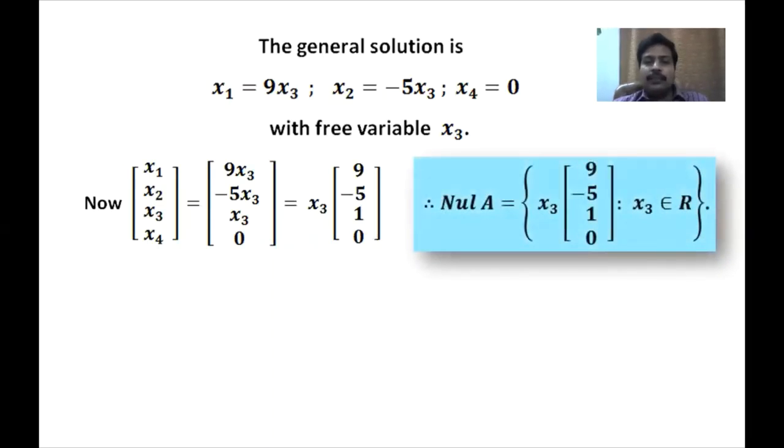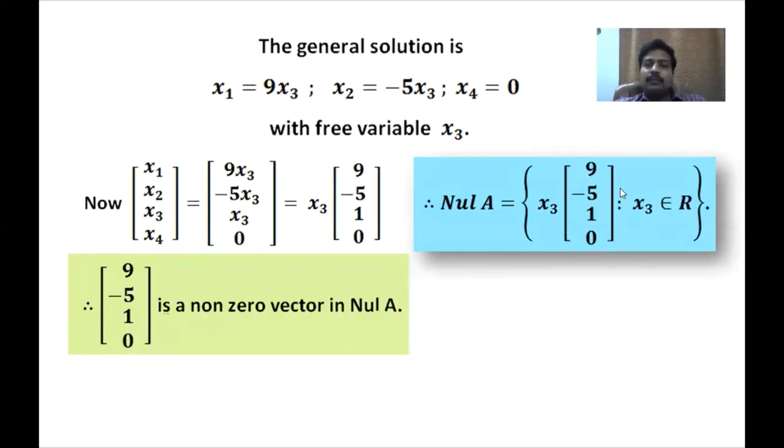So the null space of A is equal to x3 times (9, minus 5, 1, 0) such that x3 belongs to R. We can replace x3 with some scalar c, of course. So any scalar multiple of this one is an element of the null space.